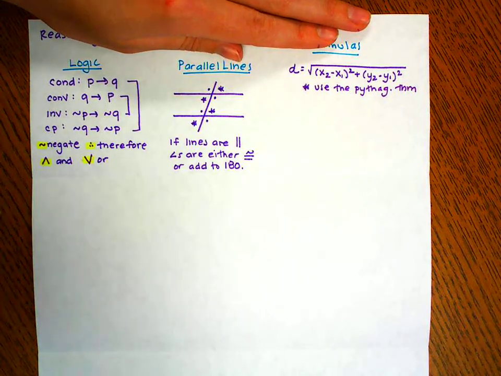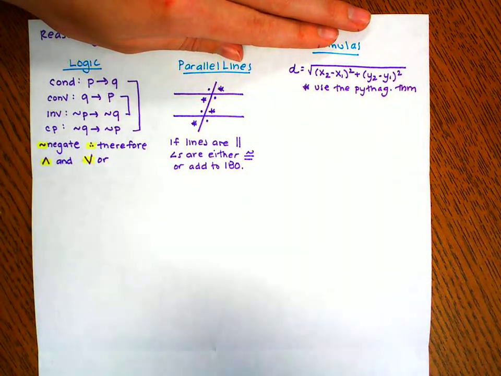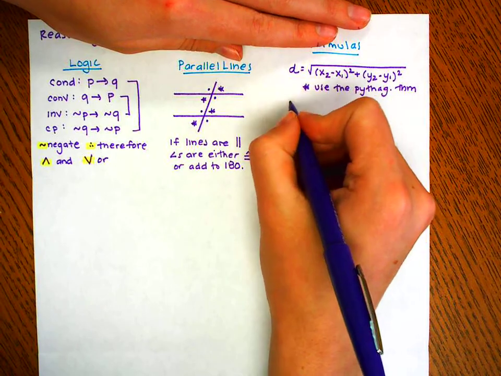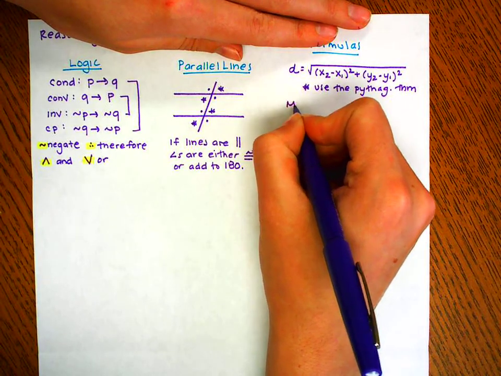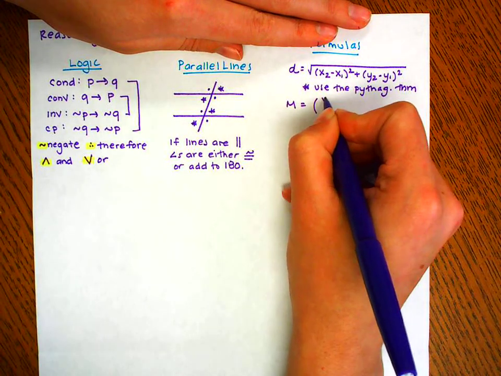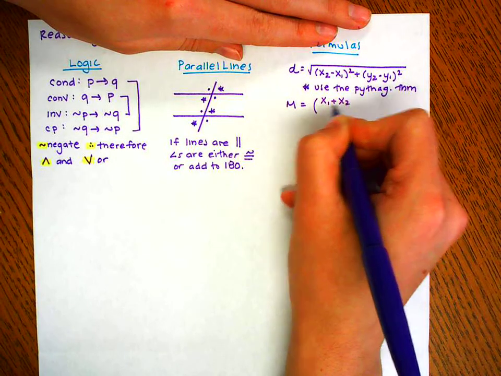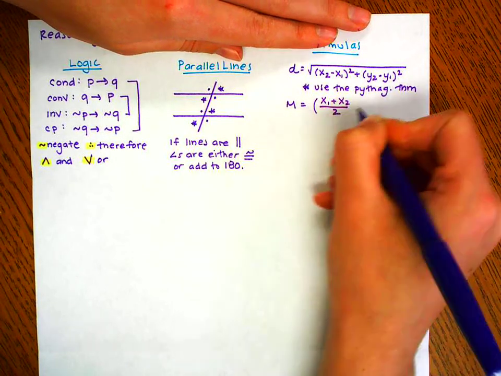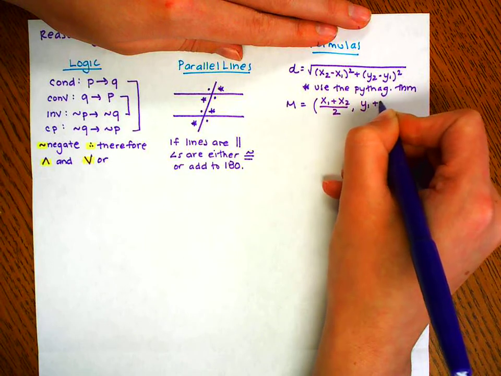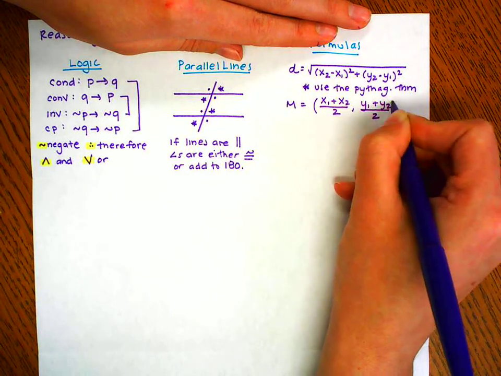Especially if you have graph paper, just draw the line, make it into a right triangle, and use the Pythagorean theorem. Same thing for the midpoint. A lot of times we can figure out what the answer to the problem is, but just in case you can't, the midpoint formula says take an average of the x coordinates and an average of the y coordinates.